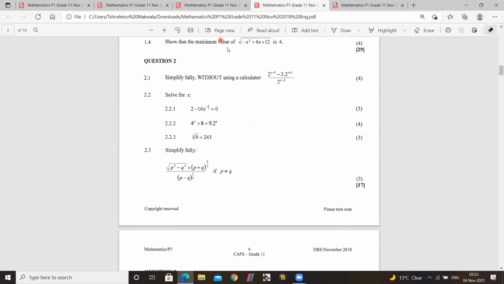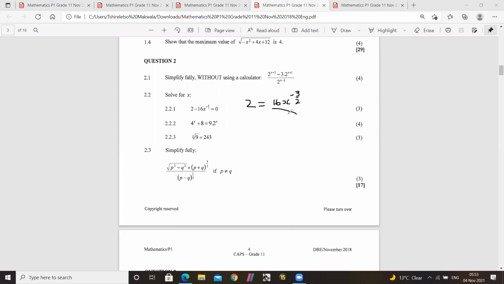So you're going to have 2 is equal to 16x to the power of negative 3 over 2, right?